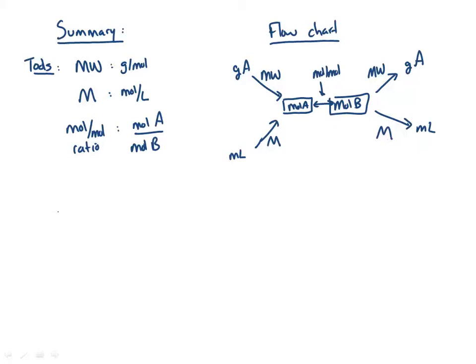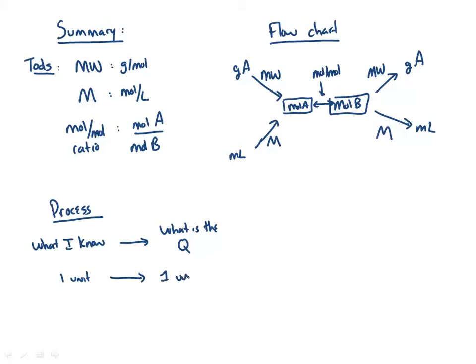And then the other tool, or the process I want you to think about, is organize your information. What I know, and then what is the question? If you have 1 unit, you have to start with something with 1 unit.